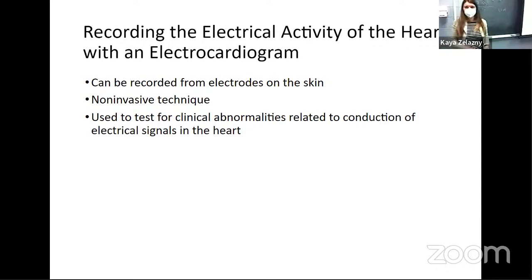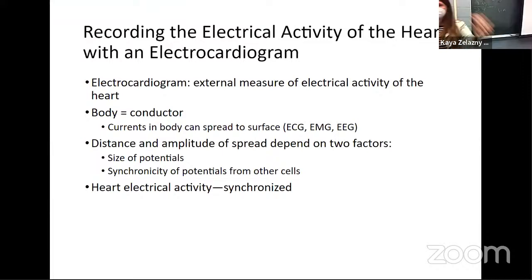You can measure where electricity is happening. You'd have a positive end and a negative end, like a ground, and you'll be measuring the difference between two places on the body. This is non-invasive, which is great. And we can test for clinical abnormalities using this non-invasive technique.